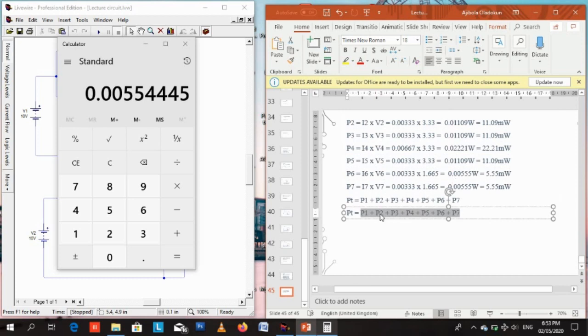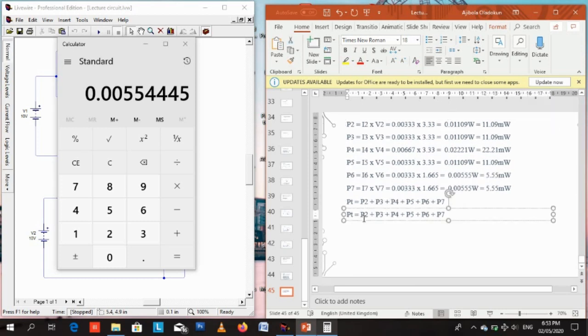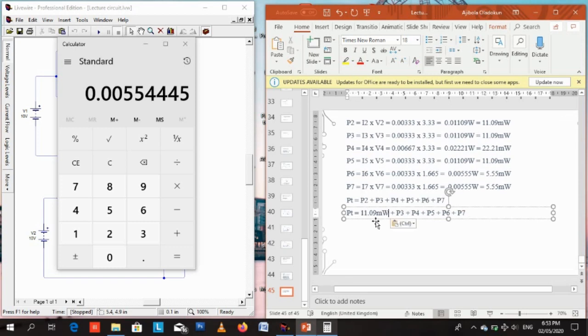So PT. Let me get rid of the P1 once and for all. For aesthetic reasons, we decided to start from R2, which means we start from P2. So P2 is 11.09 milliwatts. P3 is also 11.09 milliwatts.